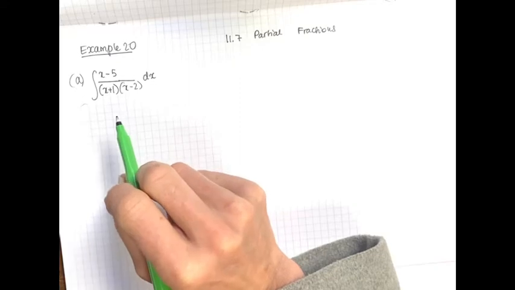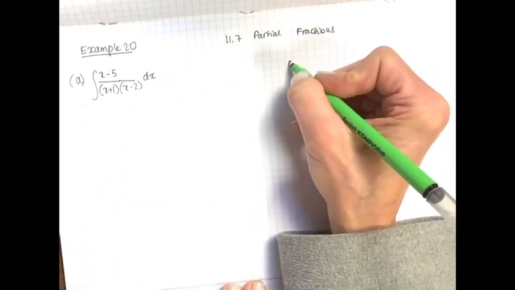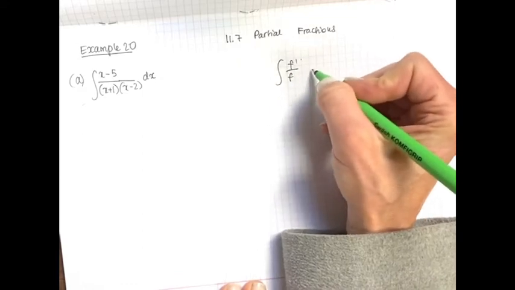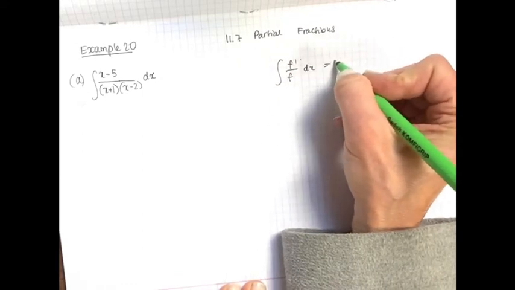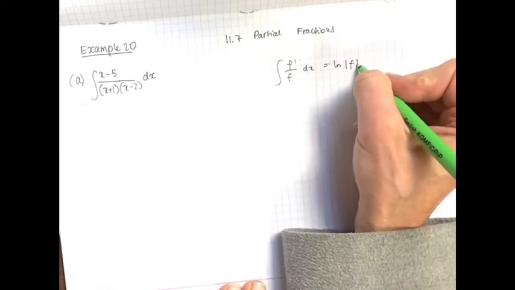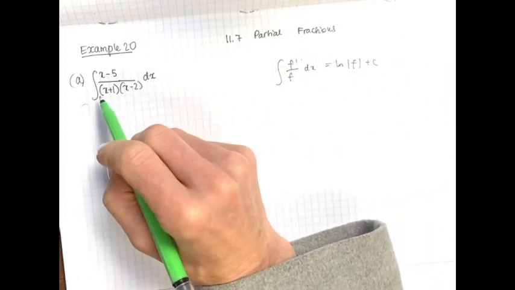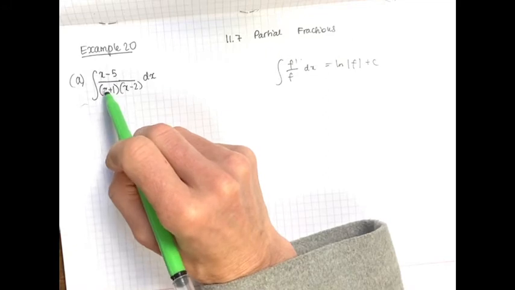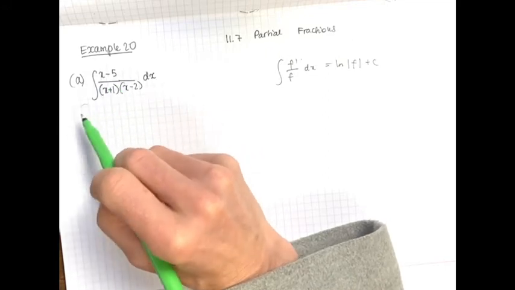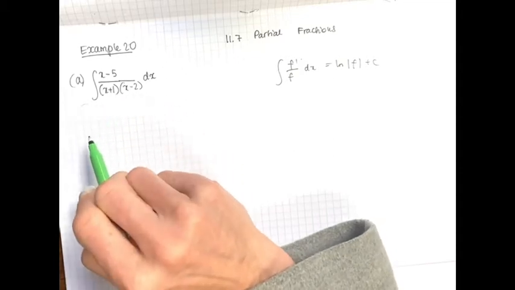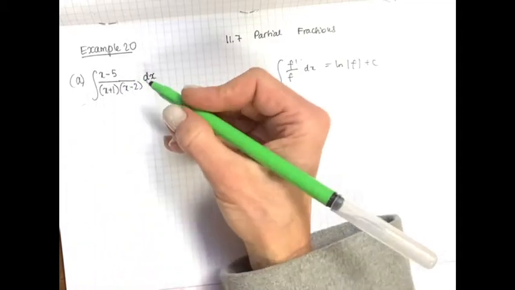So you had an example of f dash over f, and you integrated it to ln of f. In this case, though, it is a very typical partial fraction question, because the denominator is factorized and you are ready to split it.